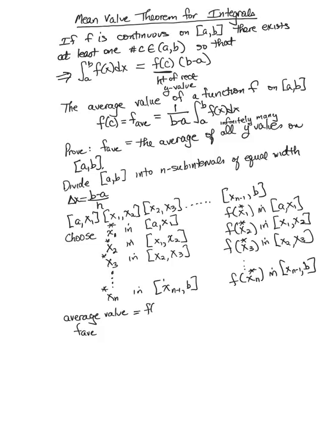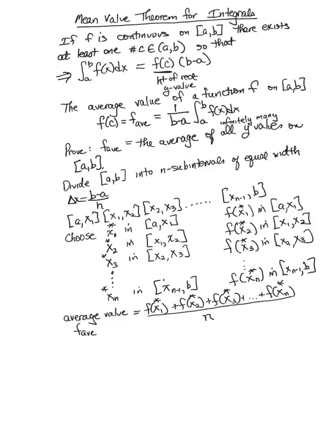So we'll do f of x1 star plus f of x2 star plus f of x3 star plus ... to f of xn star, and divide that by n. This is how we get an average of a finite number of values. You'll see how the limit comes in very soon.